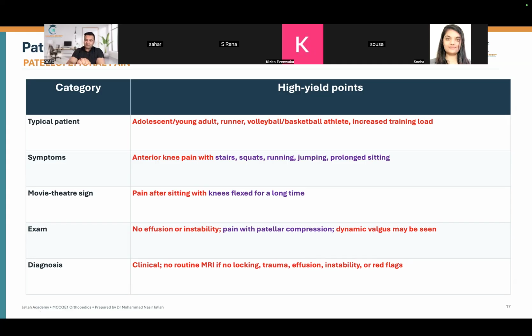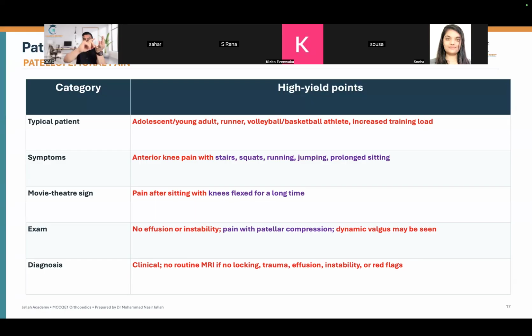So, adolescent, remember, a runner or anyone who uses the knee a lot, and then the pain is in the anterior part of the knee, and compressing the patella makes the pain worse. If you remember these four, it is very easy to pinpoint and recognize patellofemoral syndrome.